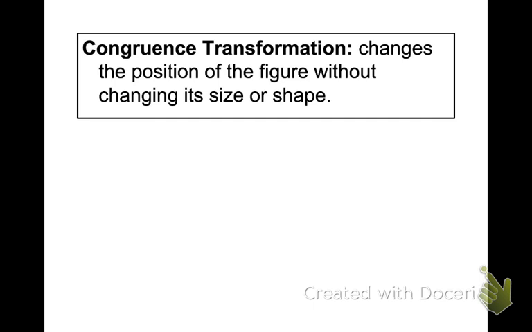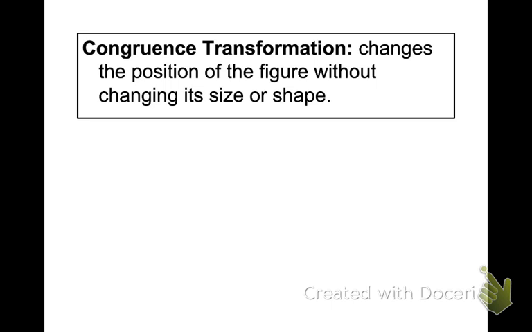Well, that's when it changes the position of the figure without changing its size or shape. So a congruence transformation changes the position of the figure without changing its size or its shape.